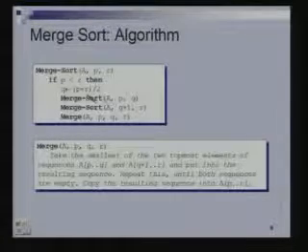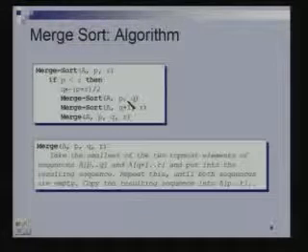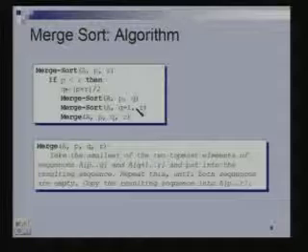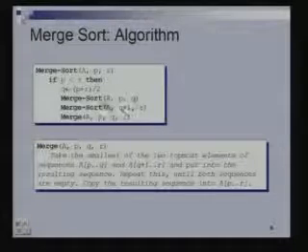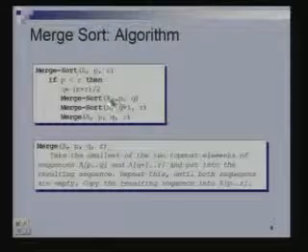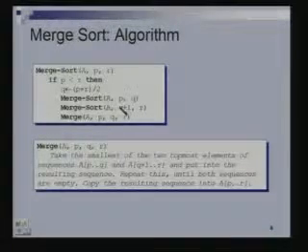I am saying from P to Q sort the first part of the array, from Q plus 1 to R sort the second half of the array, sort using the same merge sort procedure, right. And once you have this part and this part sorted, you have to combine.